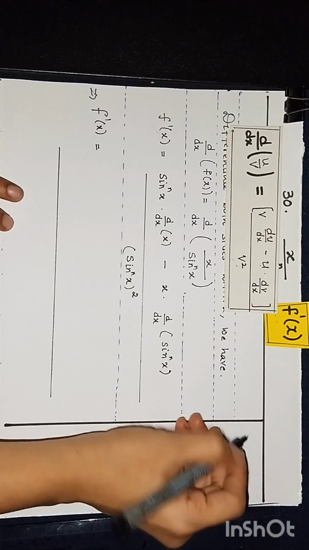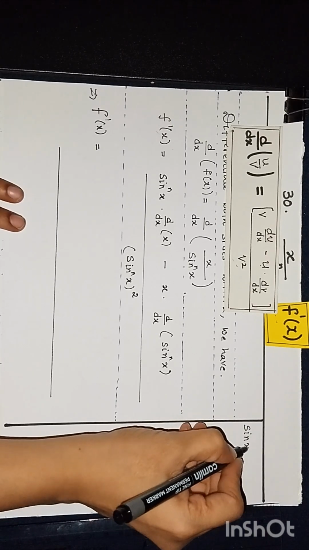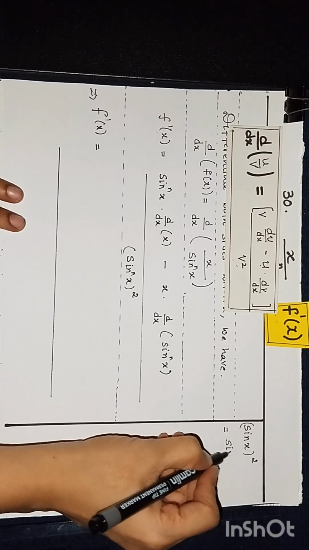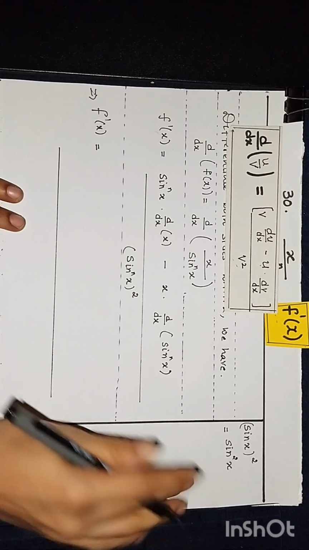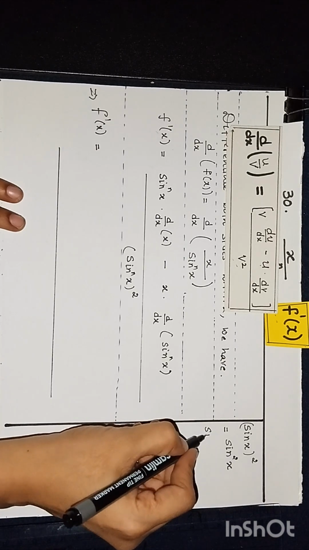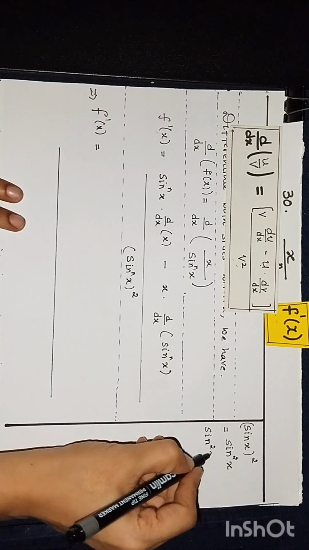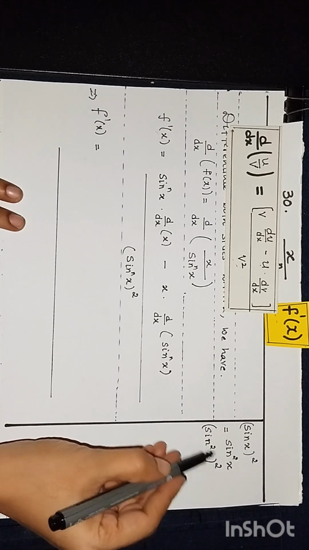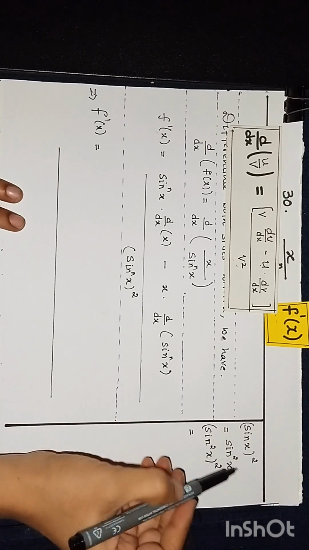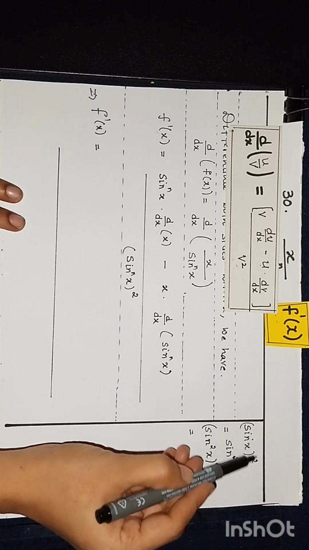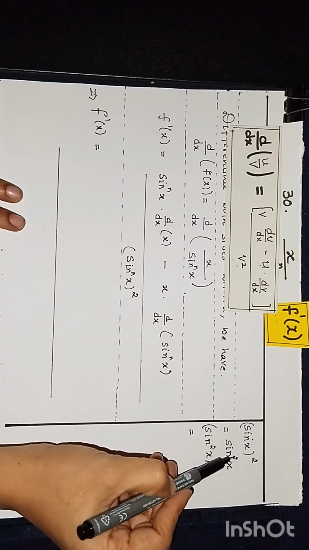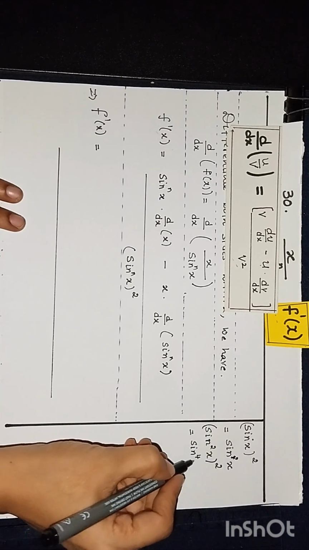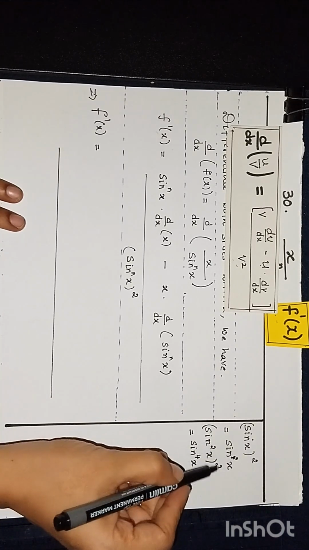So when you have sine x the whole square, you will write sine square x, right? Now if you have sine square x to the power square, how are you going to write it? When you had 1, you multiplied 1 into 2, 2. So here you will write 2 into 2, you will write 4x, right? So you're going to multiply.